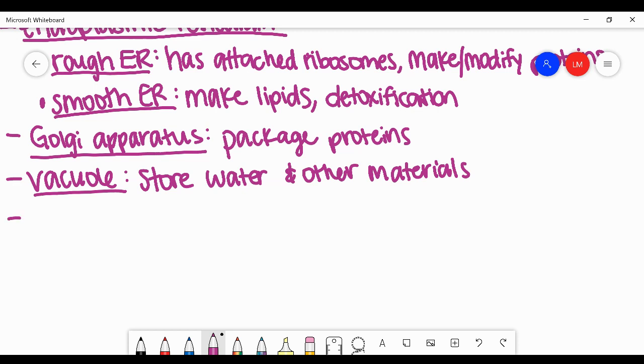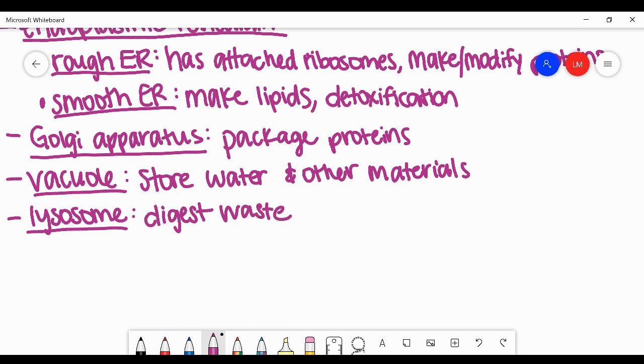Then we have the lysosome. Lysosomes digest waste. They will contain lots of enzymes on the inside that help break down the stuff the cell doesn't need anymore.